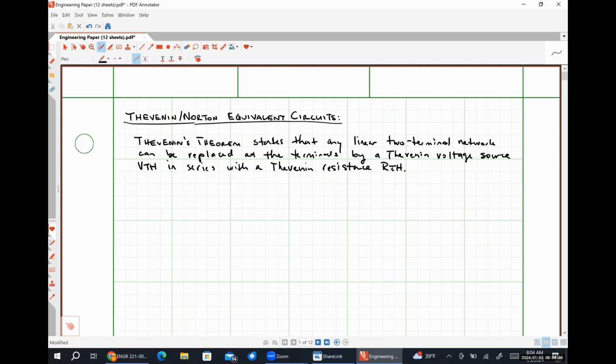So effectively, Thevenin's theorem says that we can replace any linear two-terminal network with a practical voltage source, just a voltage source in series with a resistance.